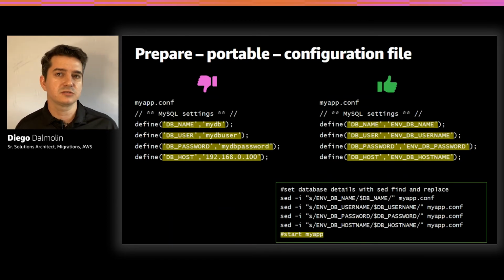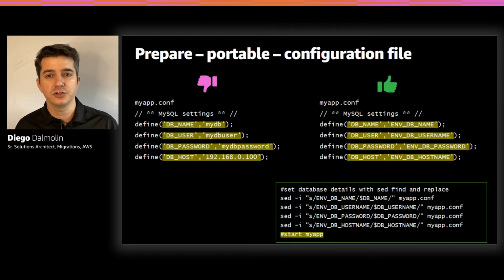For applications that read that information out of a configuration file, a different approach can be used. On my left side, again, simple configuration file, everything is hard-coded, my username, password, database, IP address, connection strings. What you can do here is to modify this configuration file and replace it with some strings that are unique. For example, env_db_name.